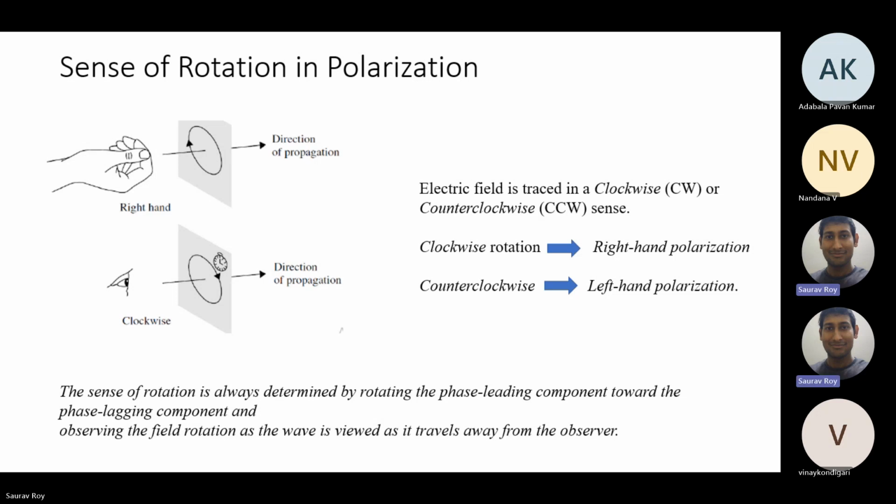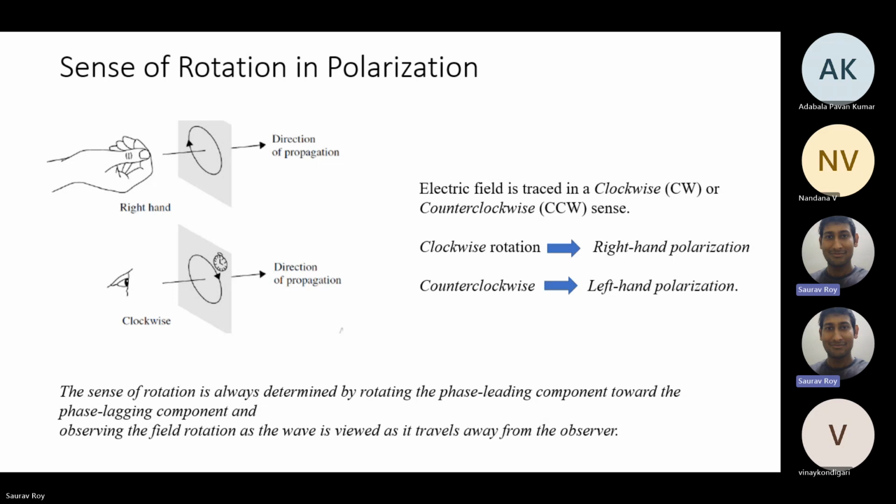In the picture, look at the bottom picture. You see one eye there. That eye sees along the arrow. This arrow is none other than the z or omega t axis, which is the direction in which the wave is propagating. From that direction, how do you see the rotation over time?